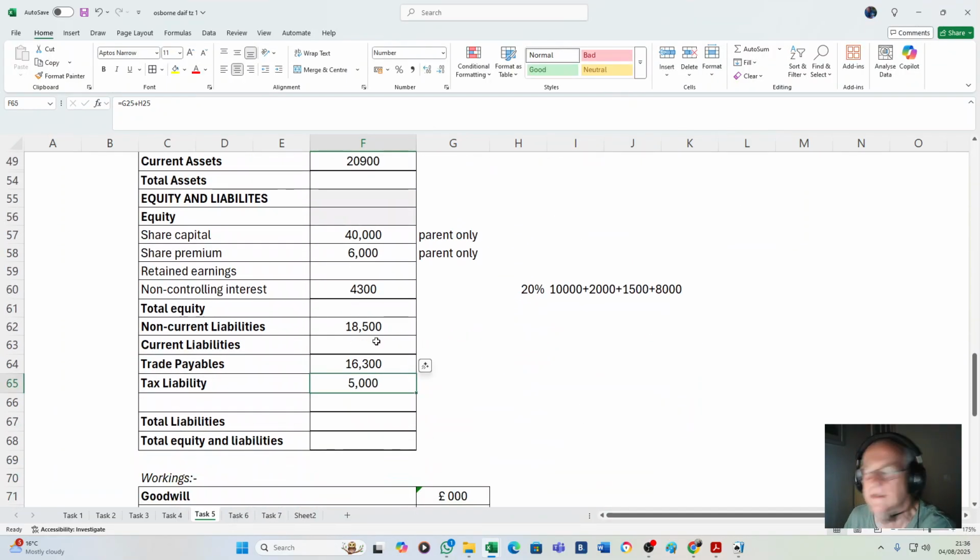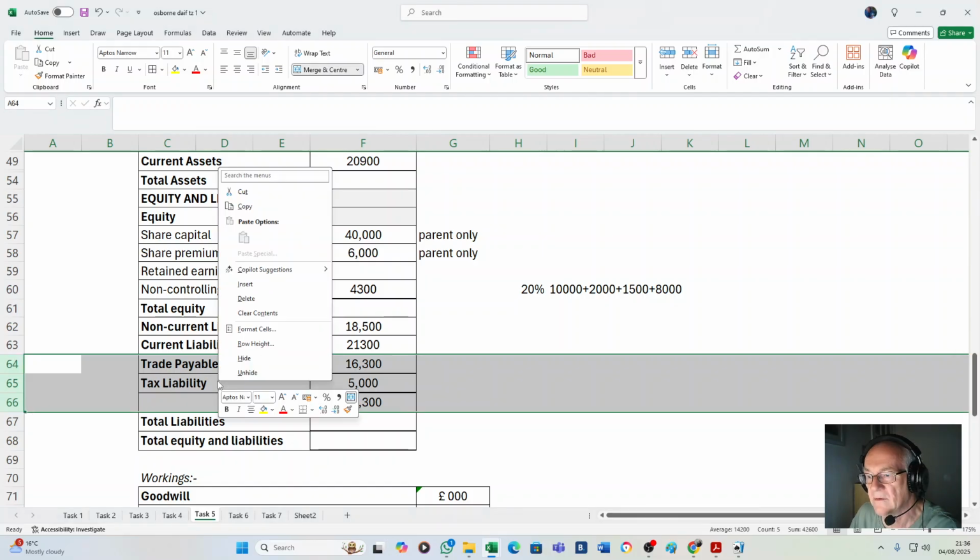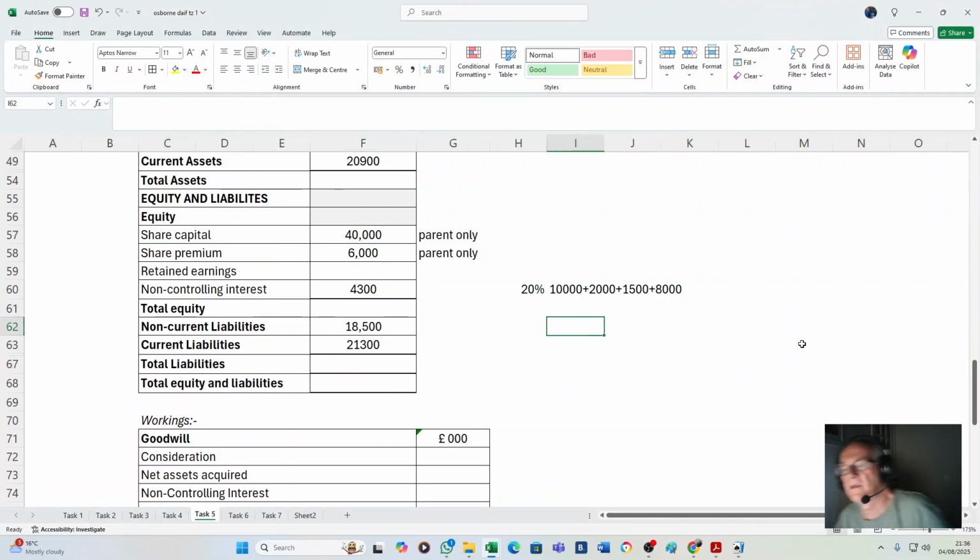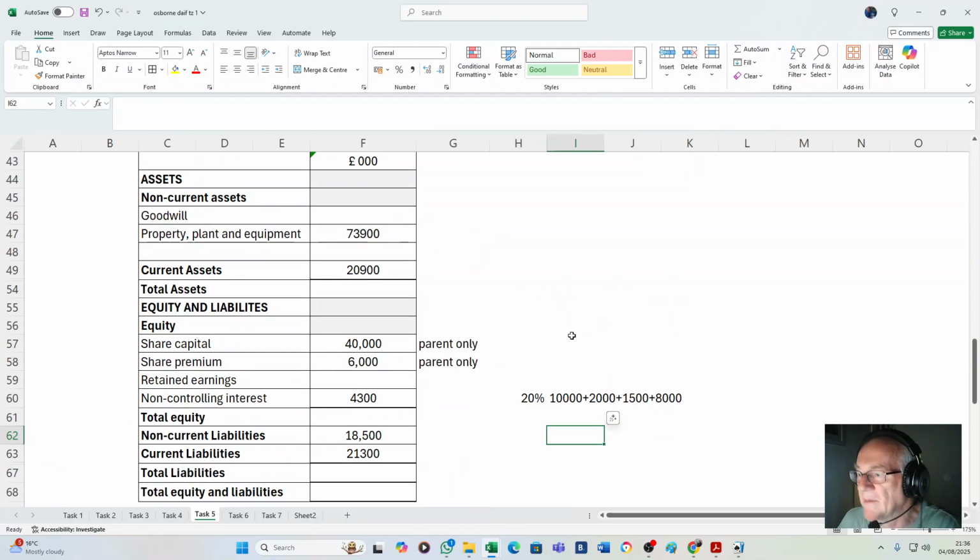So there we are, 16,300 plus 3 zeros. So again, the same idea. You may find, or you will see in one of the AAT practice papers, just a single row for the total of current liabilities.